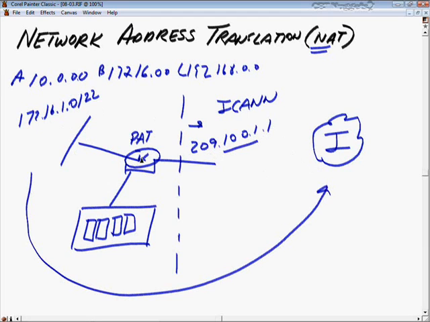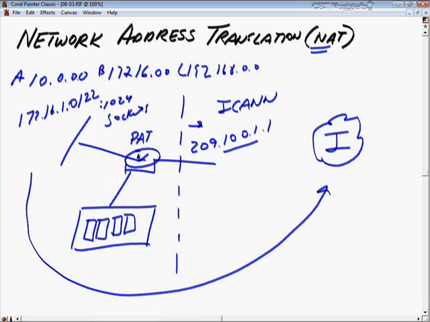What's happening here is there's a translation being done from my internal IP addressing. They're taking this address and combining it with port numbers, basically anything over port 1024, and combining IP addresses and port numbers to create what are called sockets.